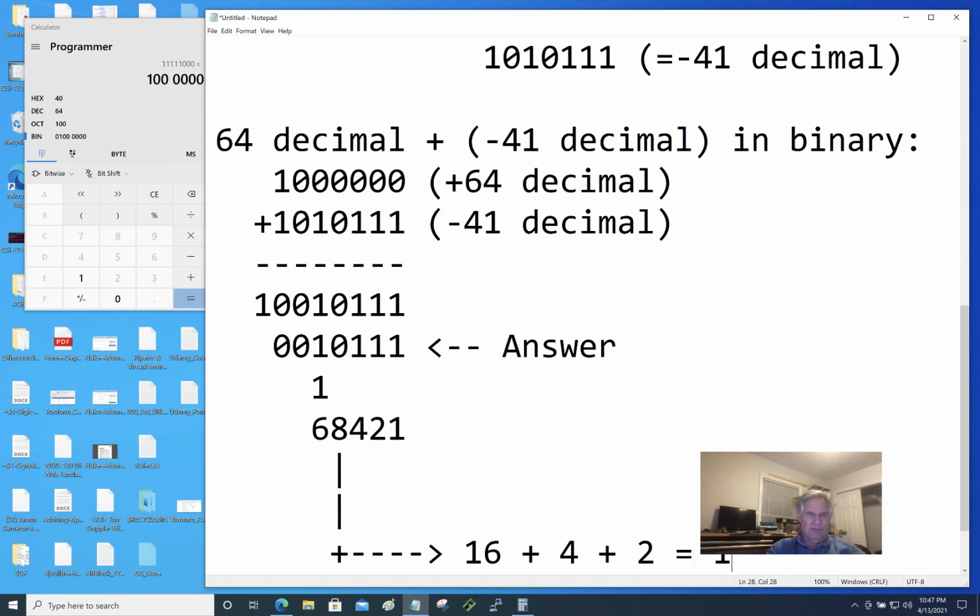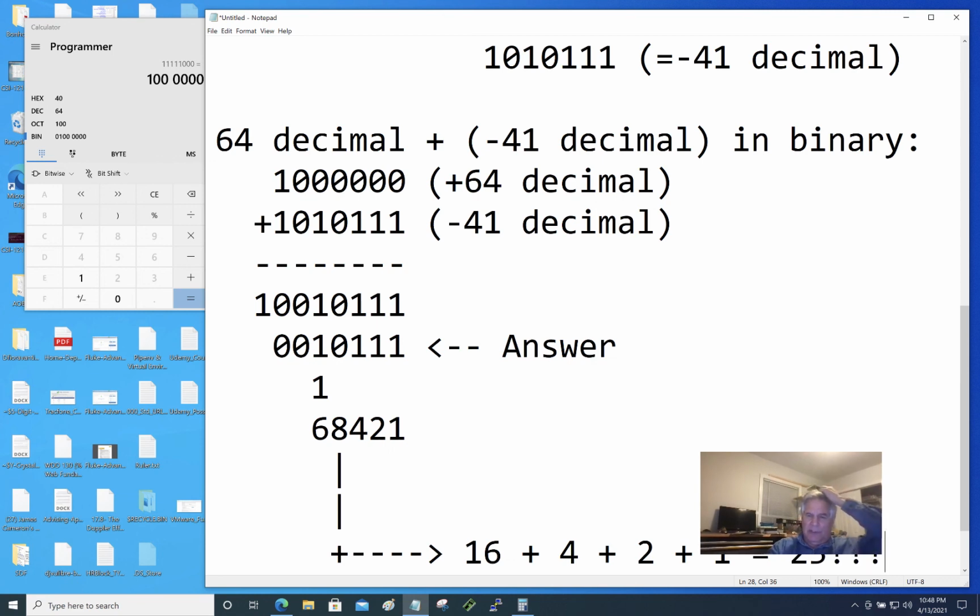And 64 minus 41. Well, 64 minus 40 would be 24. And you take away one more, it's 23. And here we go. I'm sorry, that was supposed to be a plus 1. That's equal to 23.